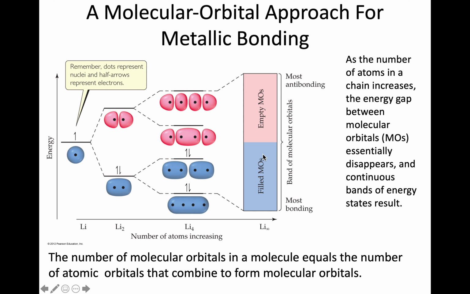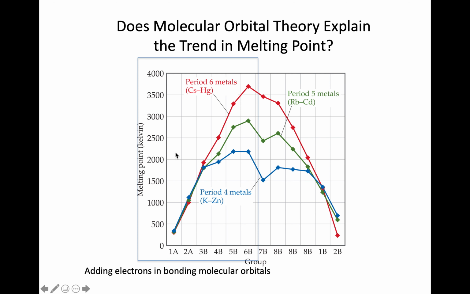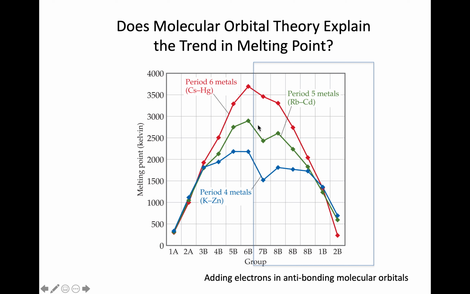What does it mean now to populate these? If I look within my description right here, initially I'm adding electrons to those molecular orbitals. They're initially going into the bonding ones. As I continue on, I've reached a maximum where I've populated the bonding, and then after that, I start to add electrons in the anti-bonding.